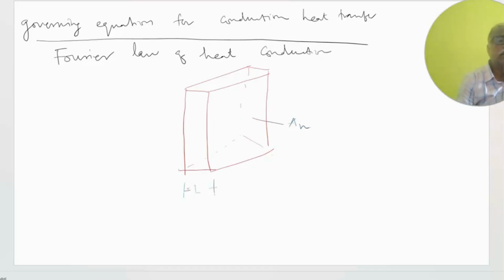So we have two surfaces, these two rectangular surfaces. Let's consider this.